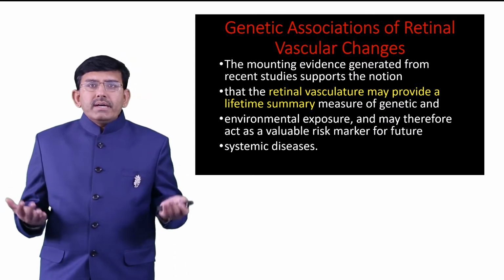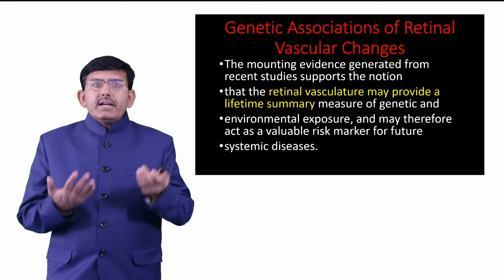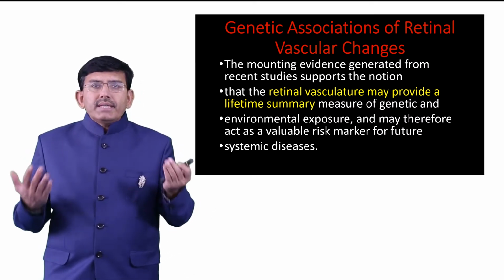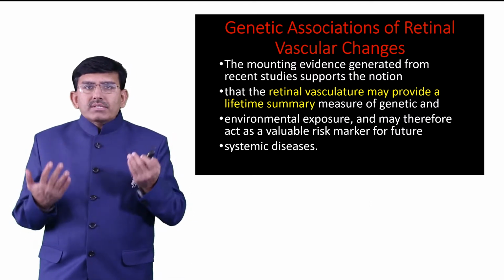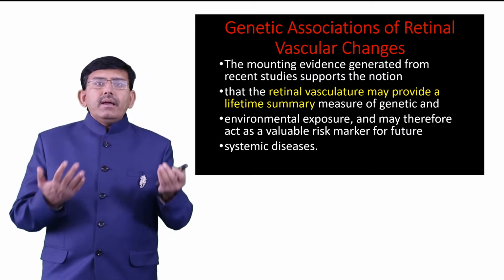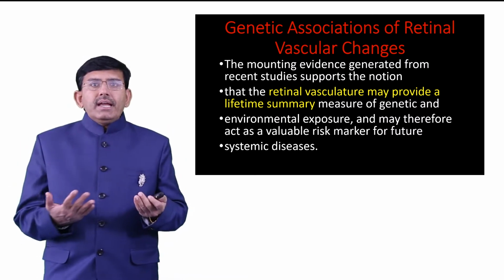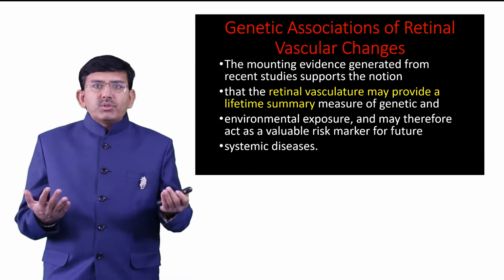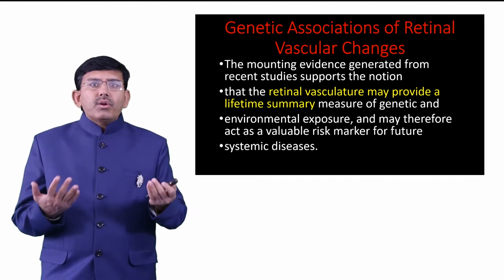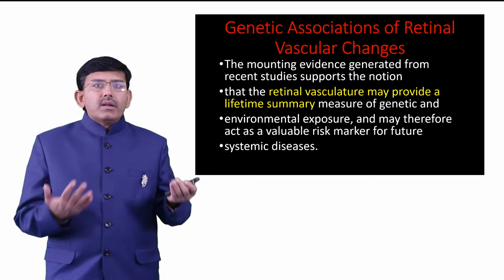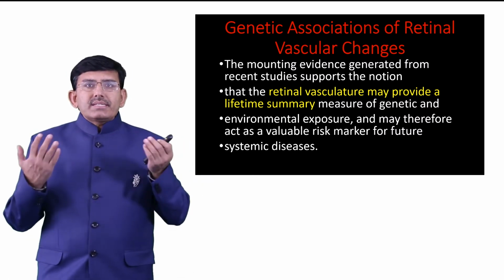The mounting evidence generated from recent studies supports the notion that the retinal vasculature may provide a lifetime summary measure of genetic and environmental exposure and may therefore act as a valuable risk marker for further systemic diseases.